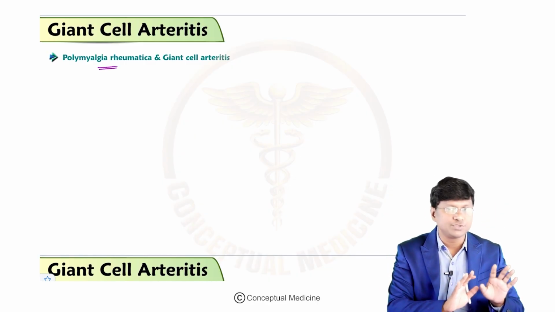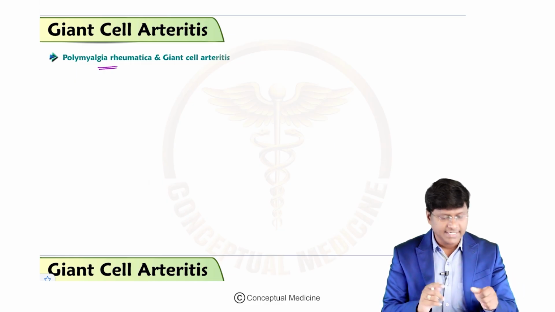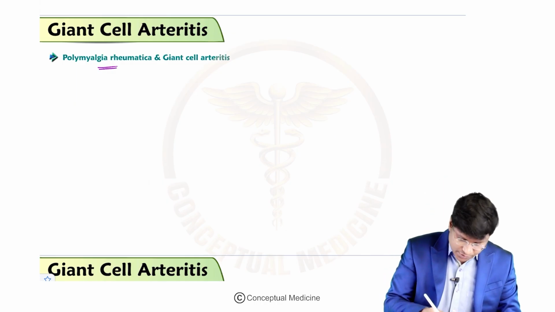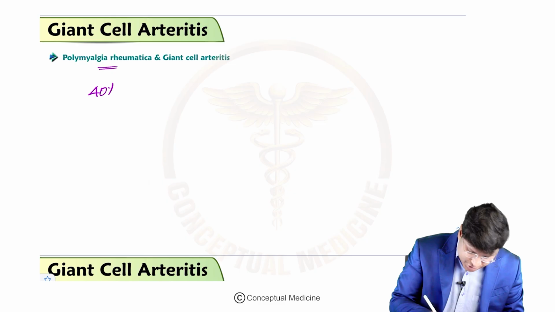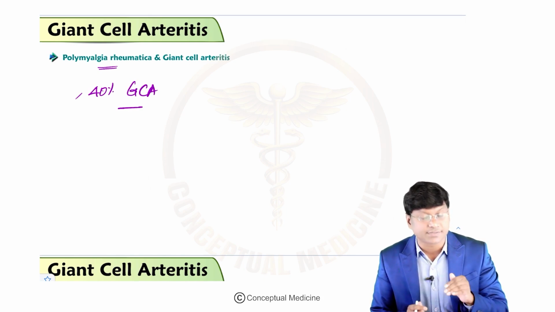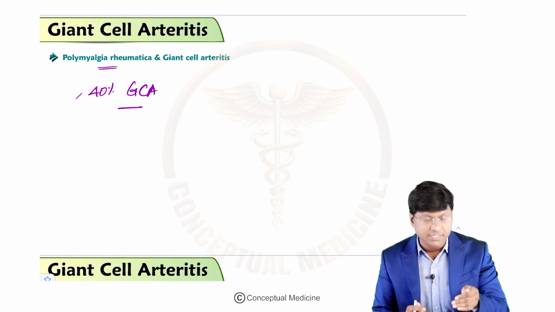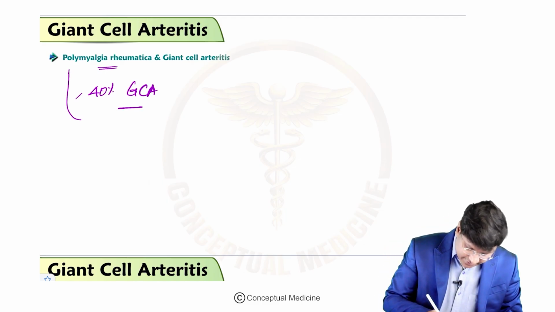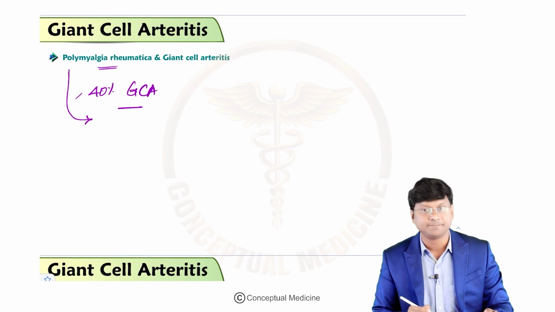So we have discussed the symptoms due to vasculitis, that is temporal artery involvement as well as ophthalmic artery involvement. In almost 40% of patients with giant cell arteritis, they also present with symptoms of polymyalgia rheumatica. And what are the features of polymyalgia rheumatica?